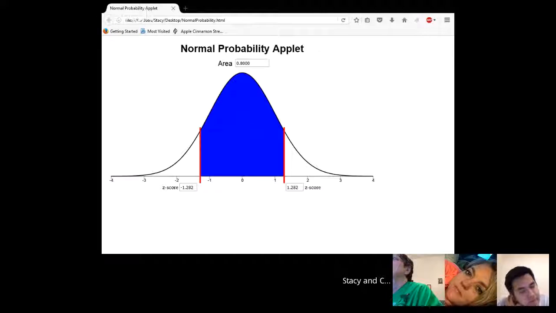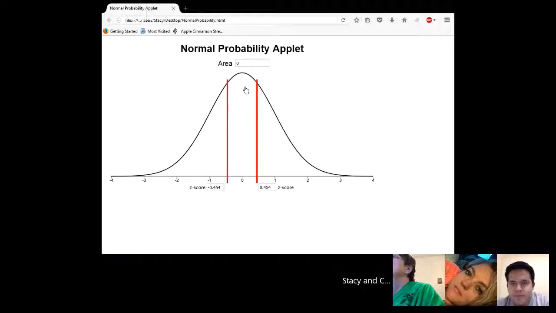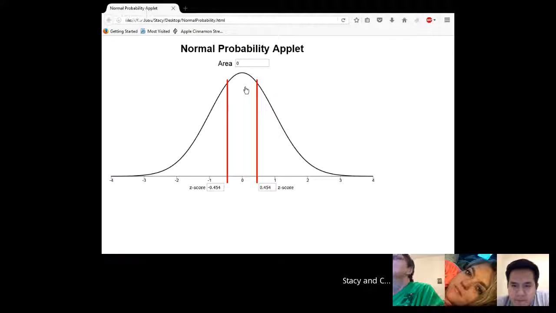And so let me just go back and make sure. Okay. Let's go back in here. 0.35. I'm not sure why it's not. Let me try. Okay. Negative 0.454 times 0.07. And then add that to 0.65.